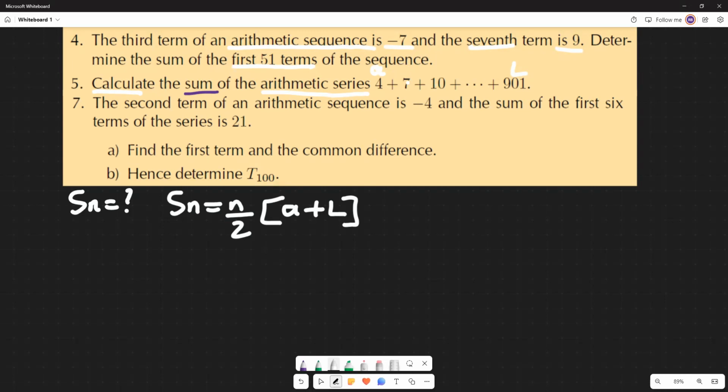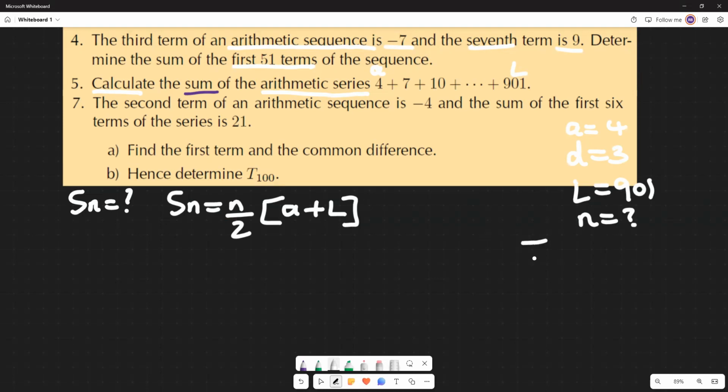So firstly, I'm going to find my n, number of terms, right? I'm sure, ladies and gents, you can see that the difference is 3 because you are adding 3 all the time. So your A is 4. Your D is 3 because you are adding 3 all the time. Your last term is 901. You don't know what n is, right? So obviously we can get n by the formula of the Tn.